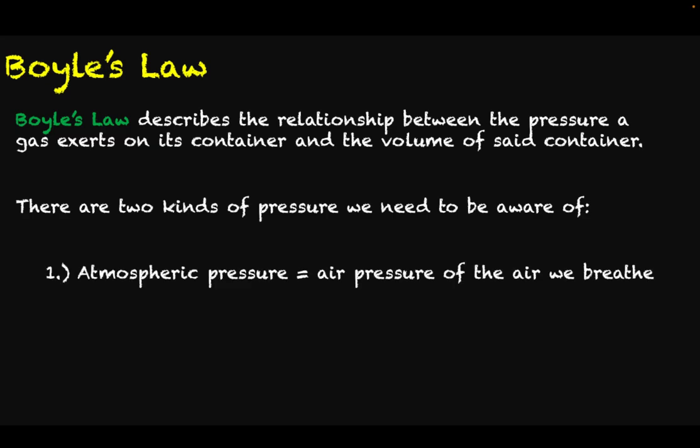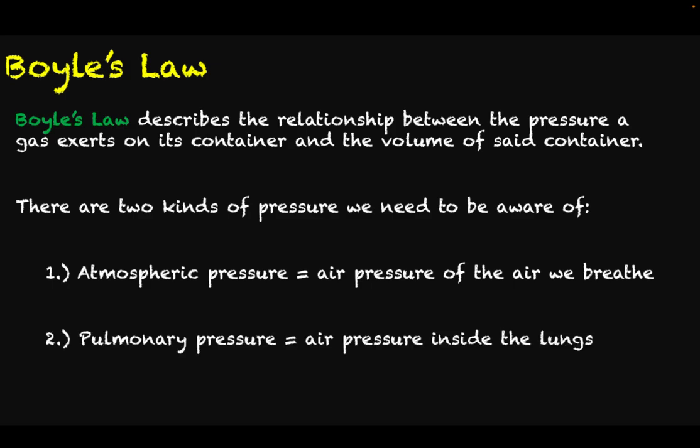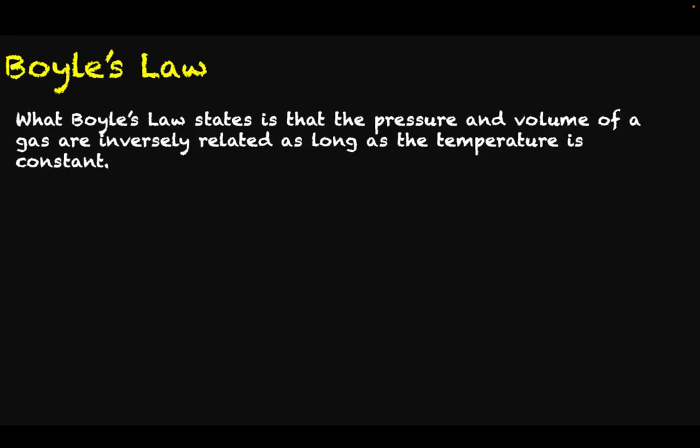First is the atmospheric pressure, which is the air pressure of the air that is all around us, the air that we breathe. And second, the pulmonary pressure, which is the air pressure inside the lungs. We'll get back to this in just a second, but essentially when we're deciding how the ventilation process works and in which direction, we are going to be directly comparing these two types of pressure to one another to see which one is greater and which one is smaller.